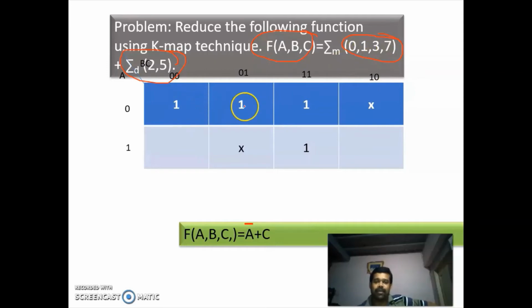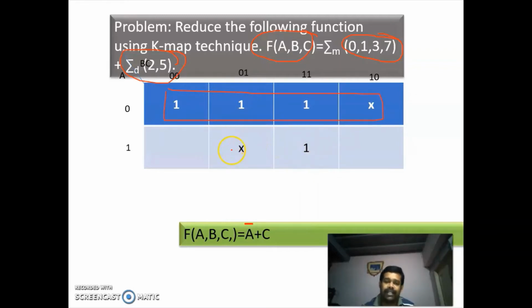So in the place of 0, 1, 3, 7, you have to plot 1, and in the place of 2 and 5, you have to plot, this is 2 and this is 5. In the place of 2 and 5, you have to plot X. Now, if you consider this X as 1, we can group these 4 ones. Here only one, this one left ungrouped.